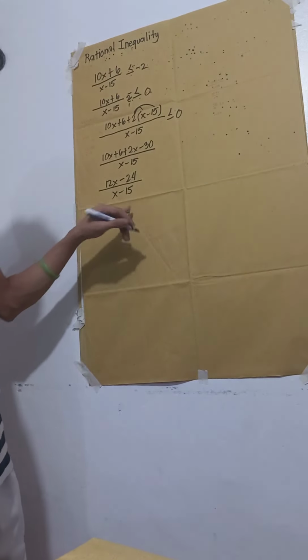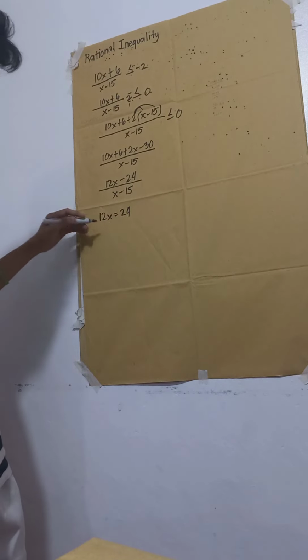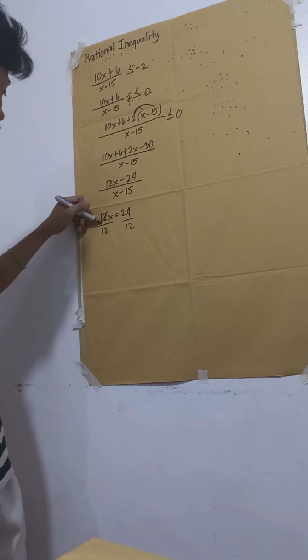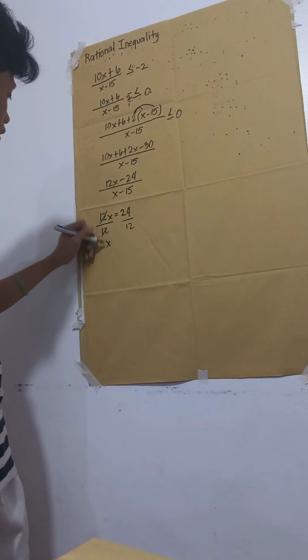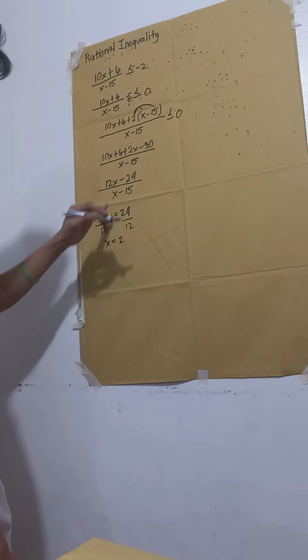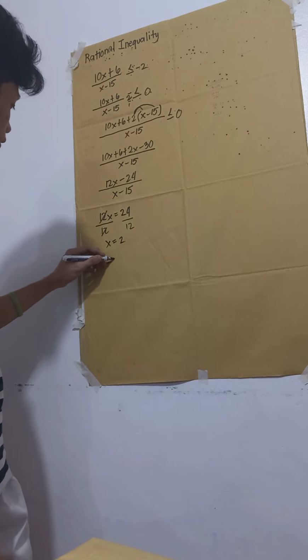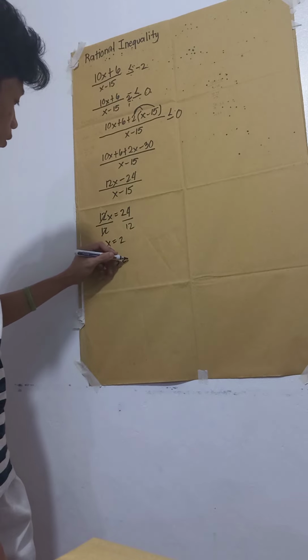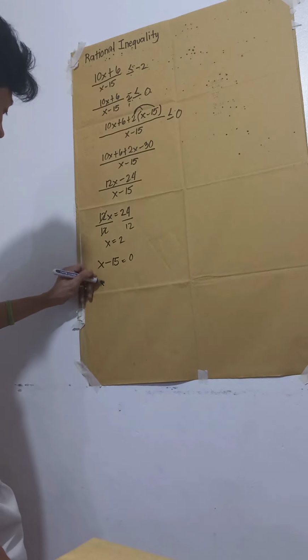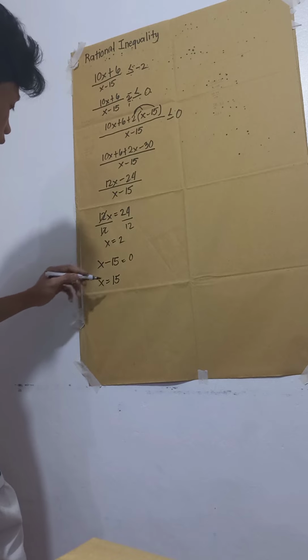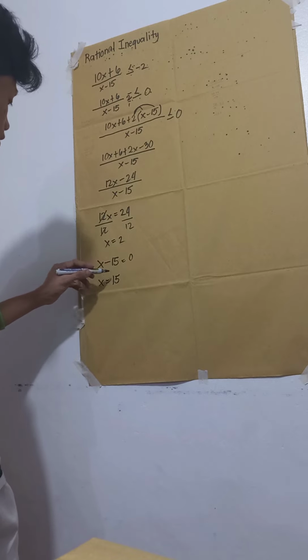Then divide both sides by 12, cancel this one, and x is equal to 2. And the other one, x minus 15 equals 0, is x equals positive 15. These two are solutions.